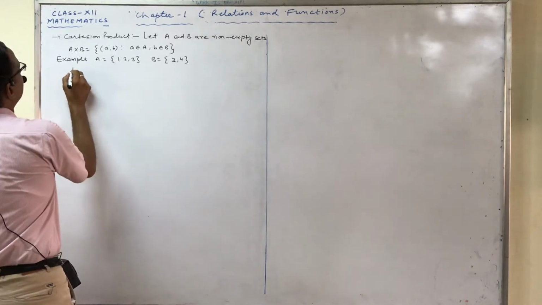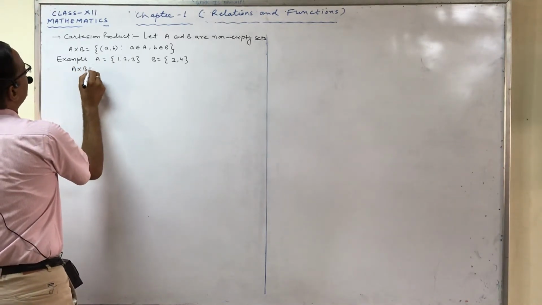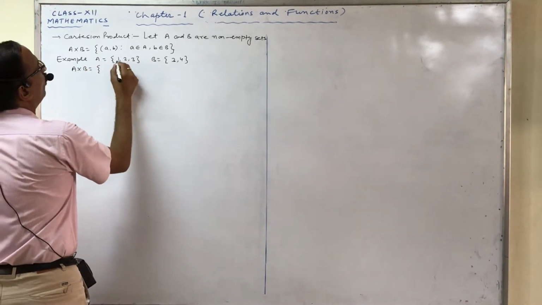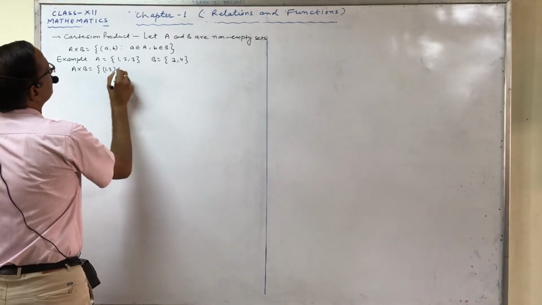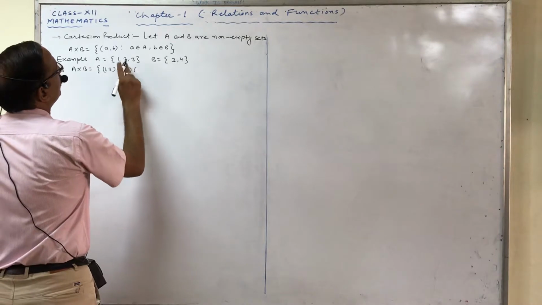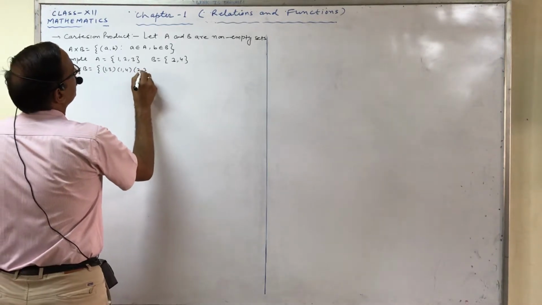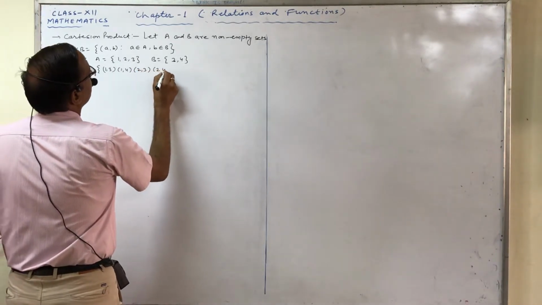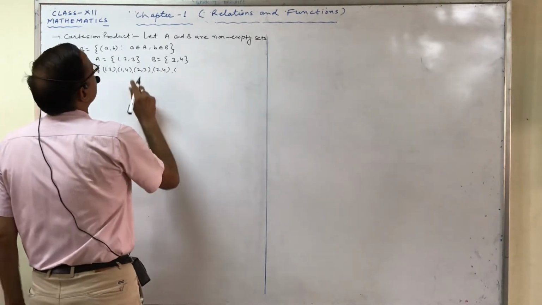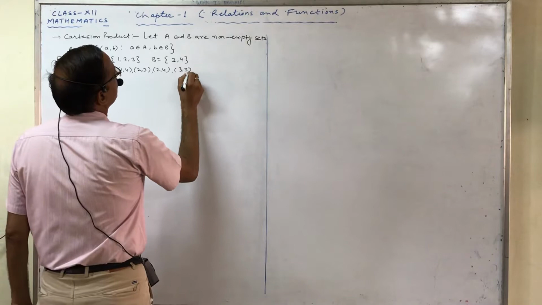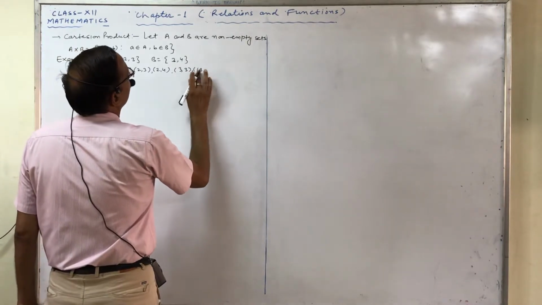So we can write A cross B as (1, 3), (1, 4), then (2, 3), (2, 4), then (3, 3), (3, 4).